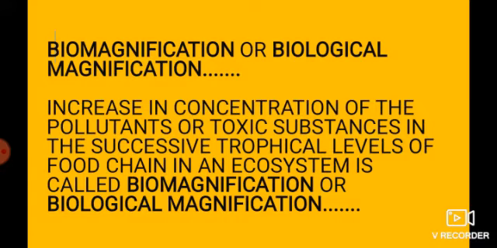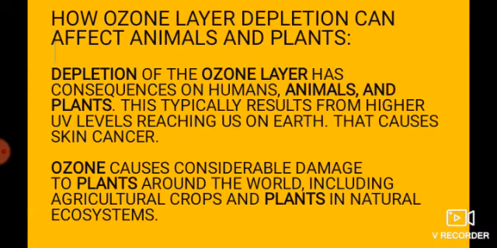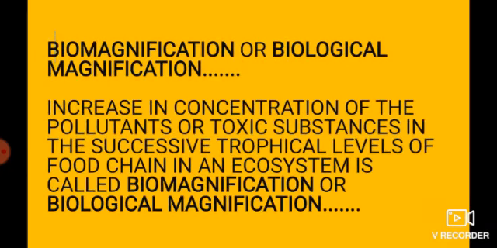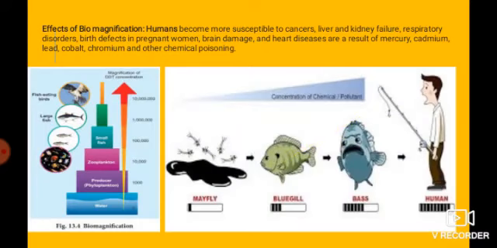And that phenomenon, that transfer of toxic substances from one trophic level to a higher trophic level through the food chain in the ecosystem, is called biomagnification or biological magnification. Right? So, what are the effects? I'll tell you now.